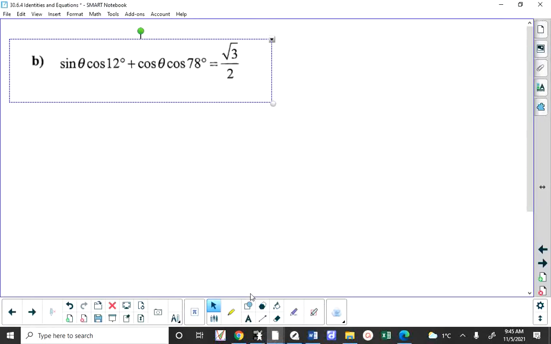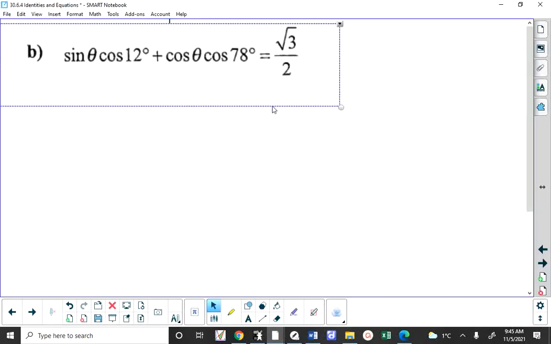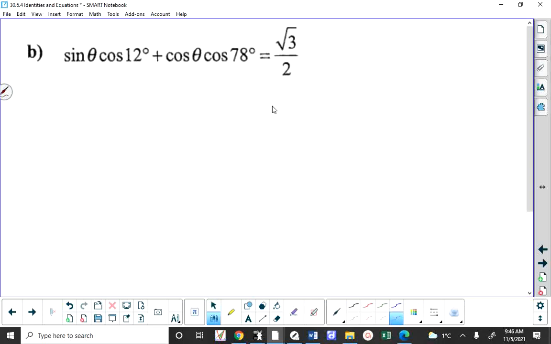The problem with this is that it looks like kind of an identity, doesn't it? Like sine, cosine, and then all of a sudden it's cosine, cosine. But there are lots of identities that are not on your formula sheet. There is an identity that we kind of learn about in earlier grades.